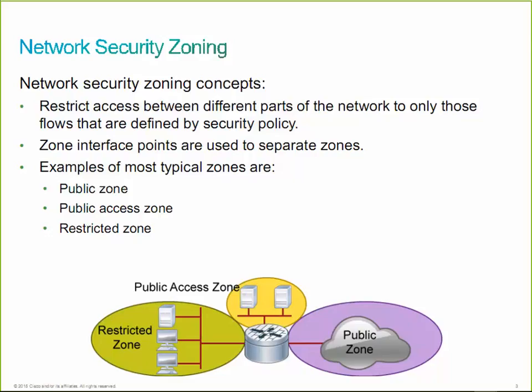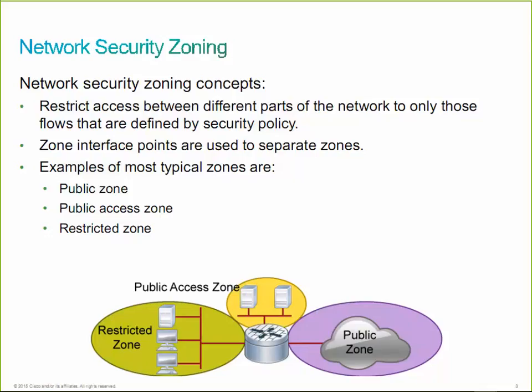All right, those services get accessed from the public zone, so there has to be some sort of policy between the ZIP, between this public zone and this public access zone. Typical services could be things like an email proxy service, a web proxy service, reverse proxies, remote access, anything that you would essentially put into a DMZ.